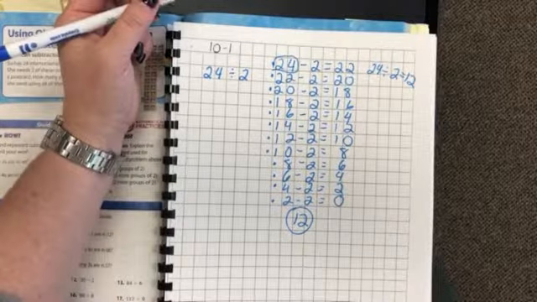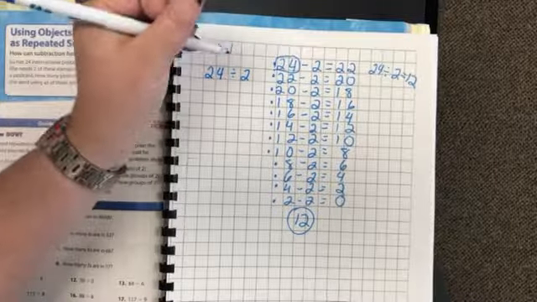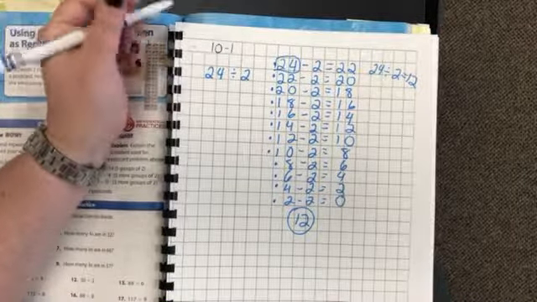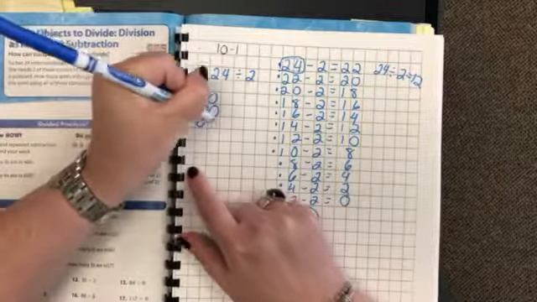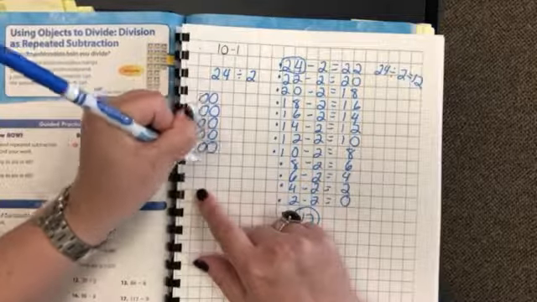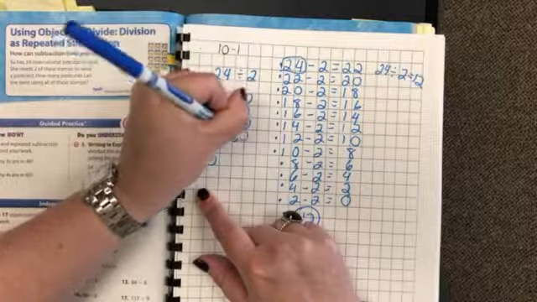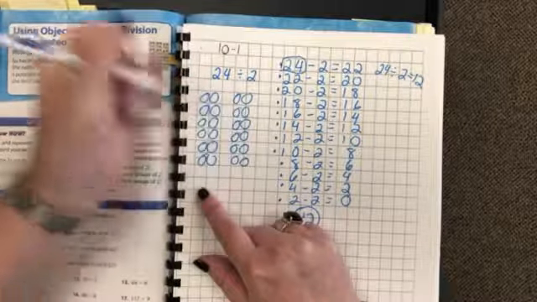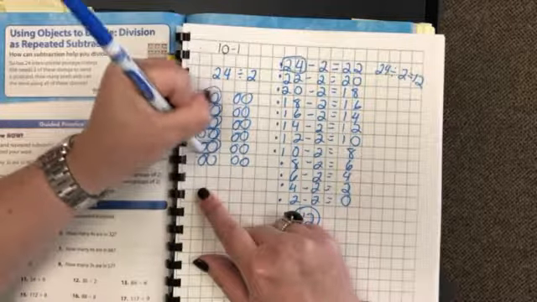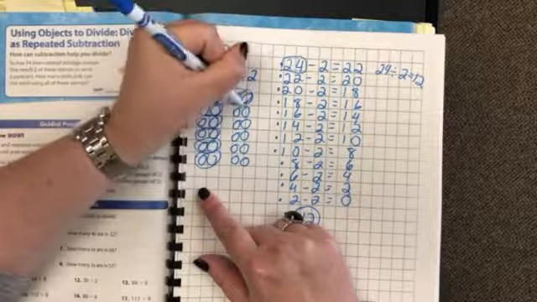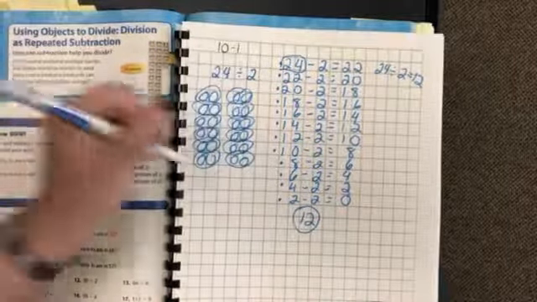Here's an even better way. I say that sarcastically. Here's an even better way to do it. I want groups of 2s, right? And I only have 24. Okay, here's how I do it. 1, 2, 3, 4, 5, 6, 7, 8, 9, 10, 11, 12, 13, 14, 15, 16, 17, 18, 19, 20, 21, 22, 23, 24. How many groups did I make? 1, 2, 3, 4, 5, 6, 7, 8, 9, 10, 11, 12.